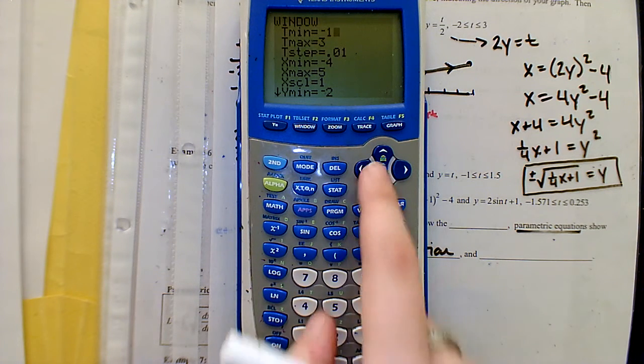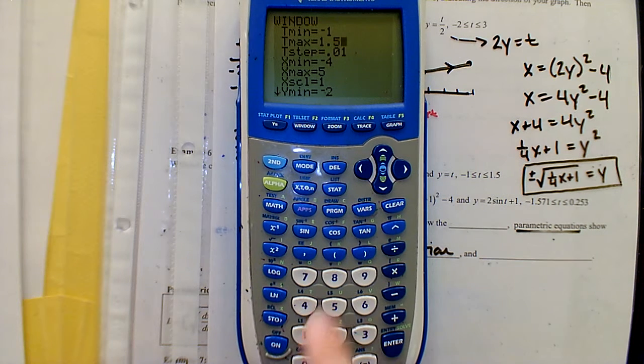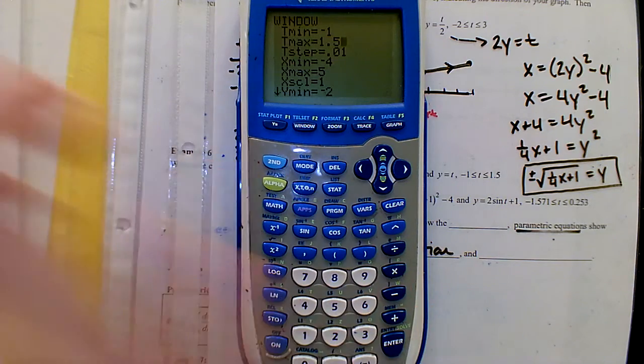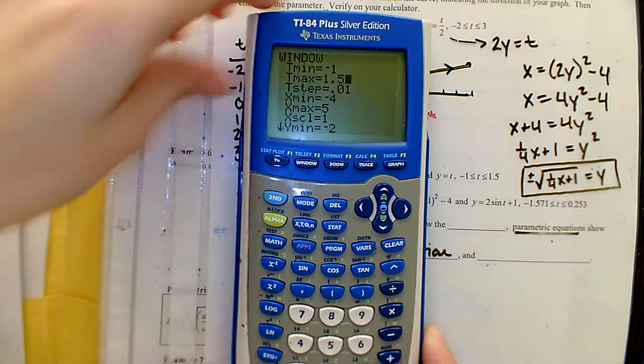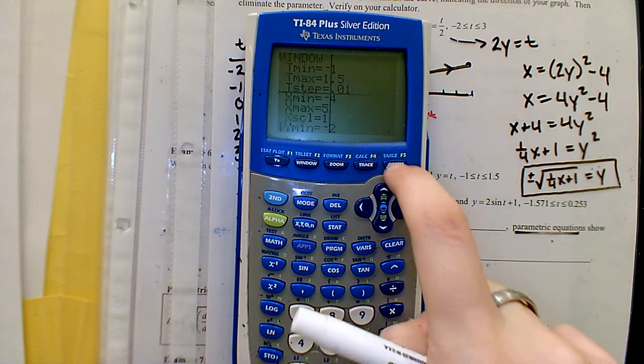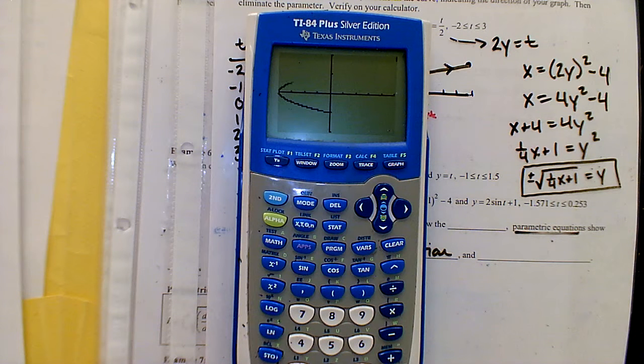Our window for the t's will be -1 to 1.5. And maybe we'll use, what do you want your t-step to be? 0.01? That's fine? Okay. Go ahead and hit graph.